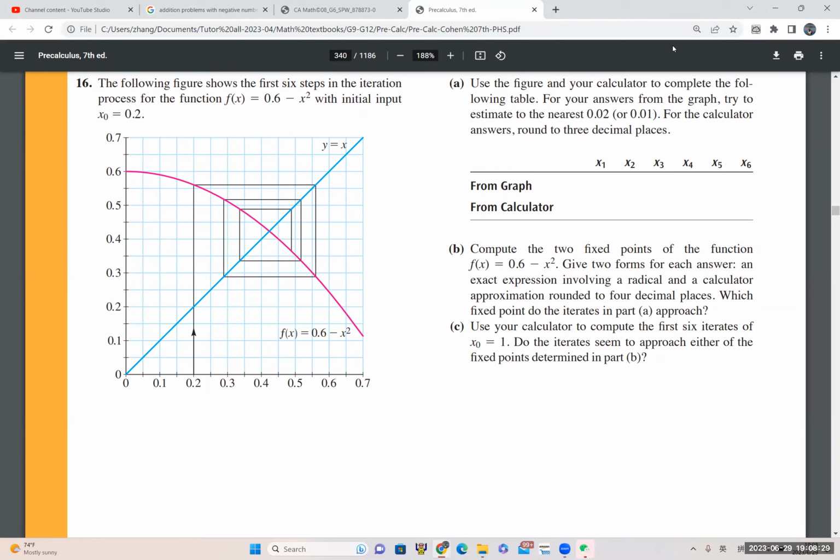Okay, so let's do some of them. What is called x1? Let me think.